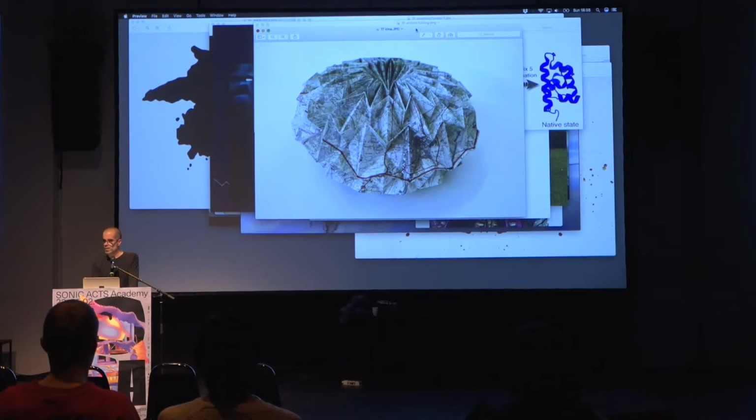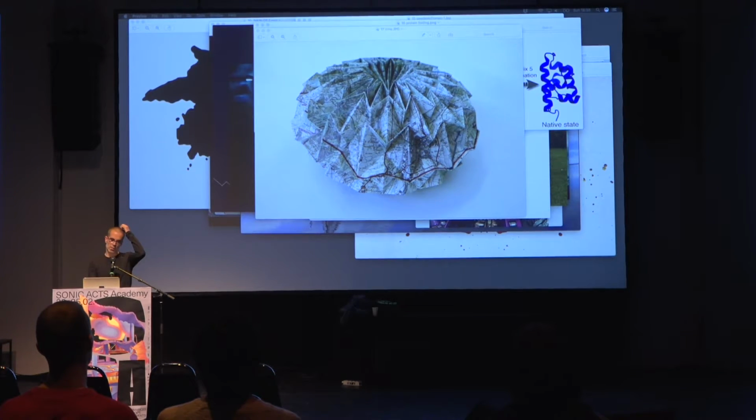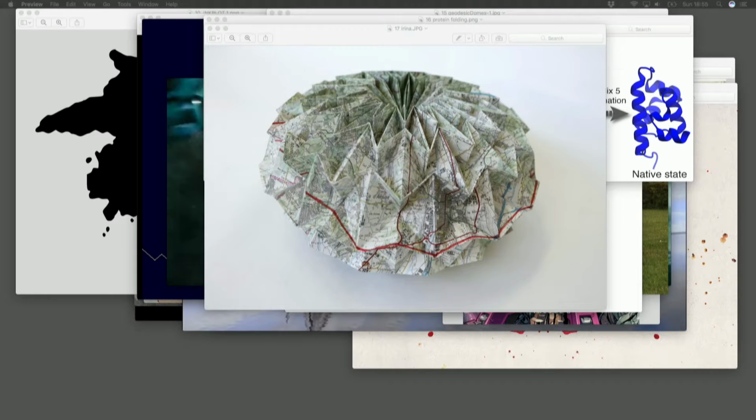Strangely enough, just the other day I realized that I have this thing sitting a meter away from my desk. It's made by an artist from Barcelona called Irina Russell, and she made it 3 years ago.